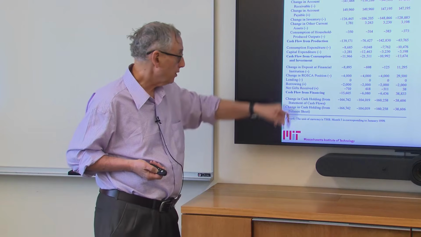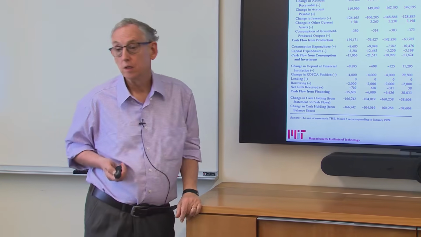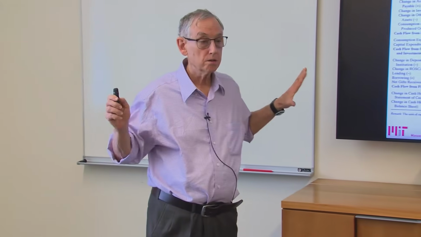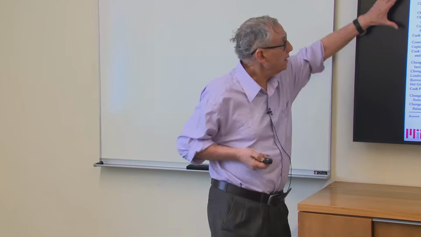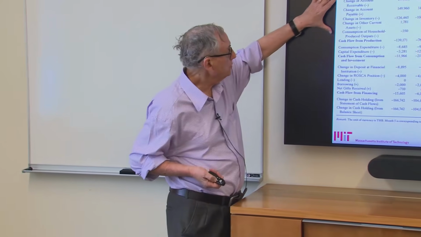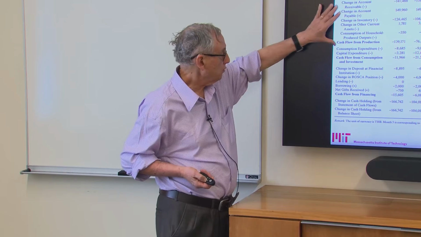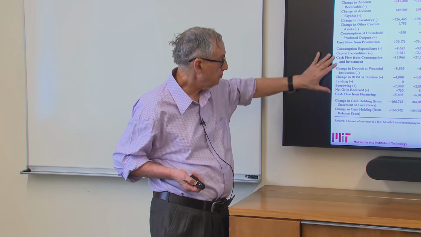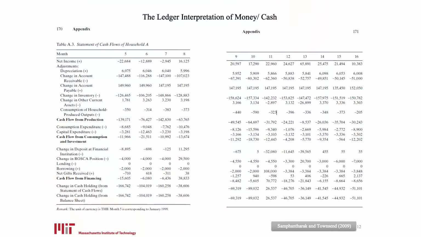So we have cash flow from financing. Lots of details. This stuff turns you off very quickly because there's so much to absorb. But the main thing is we're classifying cash flows into cash flows from production, from consumption, investment, and from financing.